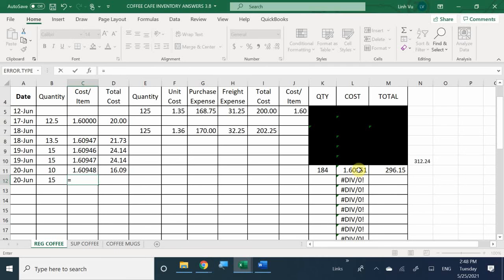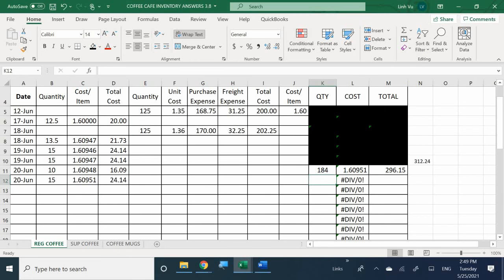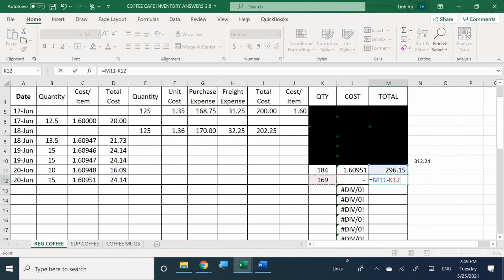At what cost per item? 160951. Good. 2414. So now we have to update our inventory. What's our new quantity here? 169. 169. And what's my total cost here?